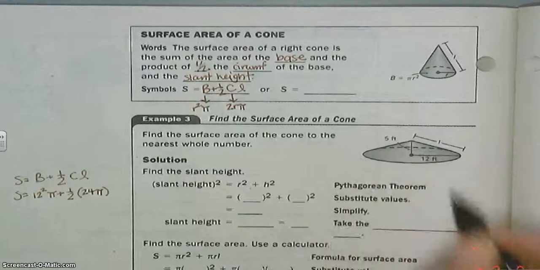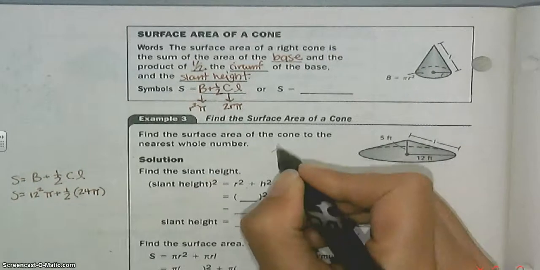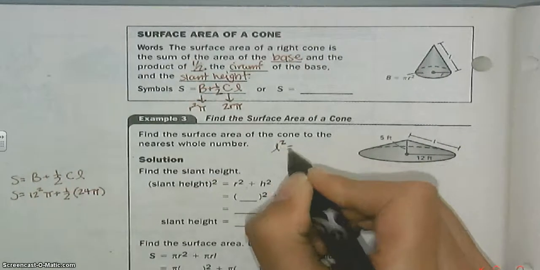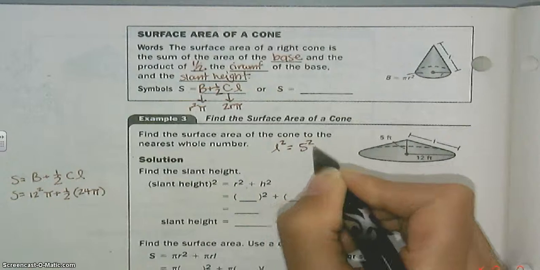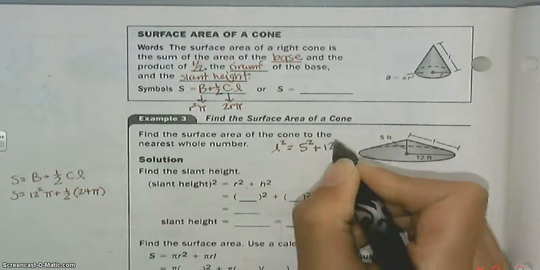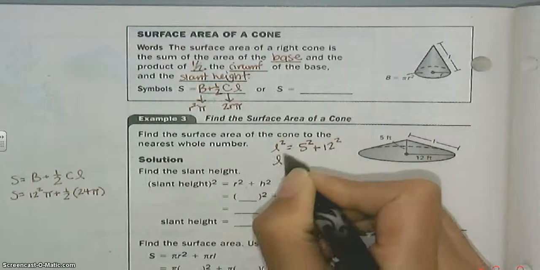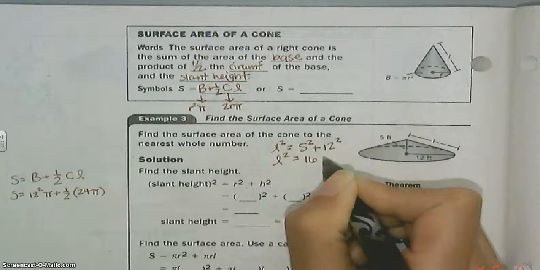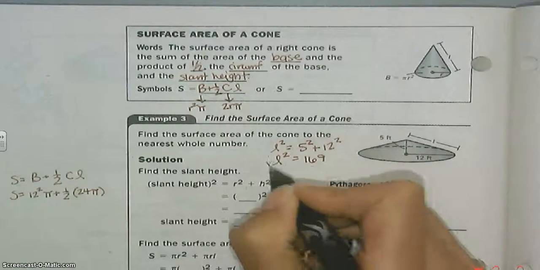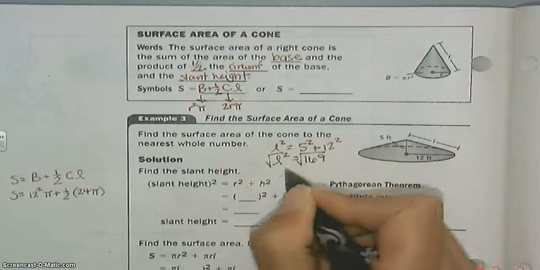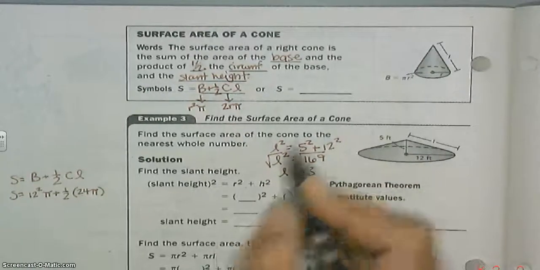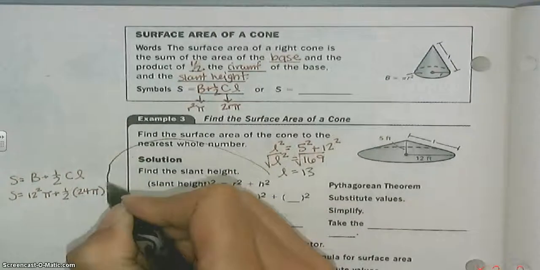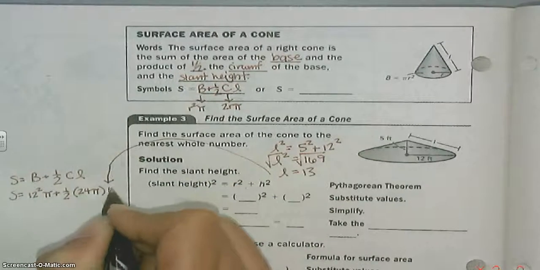But we got our right triangle, so Pythagorean theorem. L squared equals 5 squared plus 12 squared, which is 169. Now we square root. L is equal to 13. Now I can go plug that in to my equation.